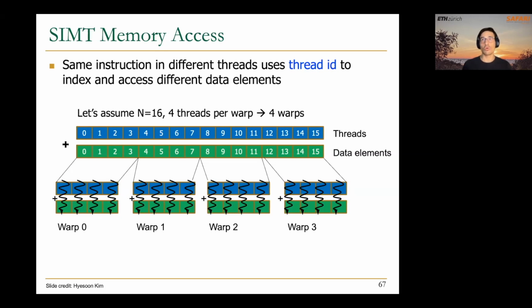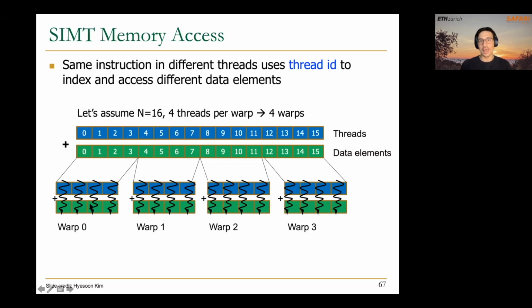To do so, we use the thread ID. Here you have a nice figure showing how we assign threads from 0 to 15 to data elements in one array, this green array here, such that when we group the threads into warps, we have the threads in the different warps operating on the corresponding elements.